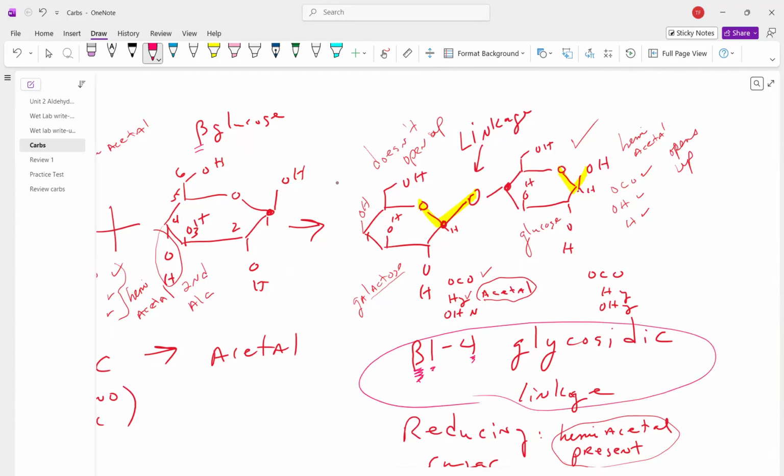That's something else that's going to be on the questions about a specific carbohydrate. What's the linkage? So let's look at a linkage that goes down.